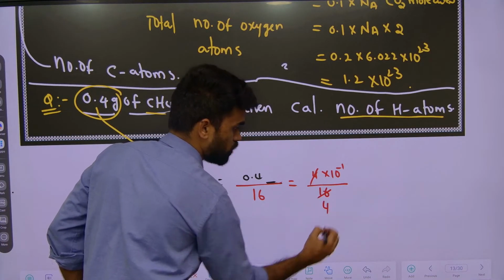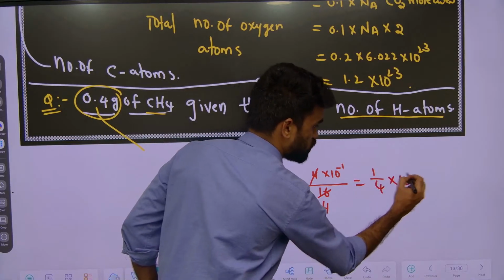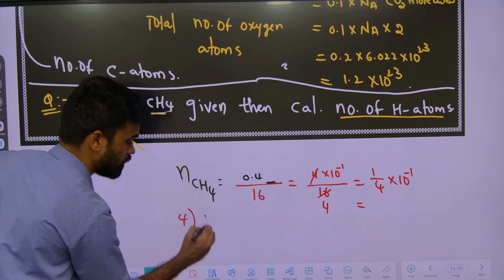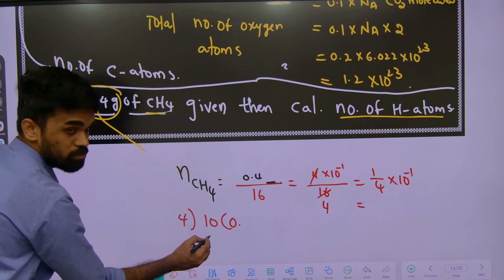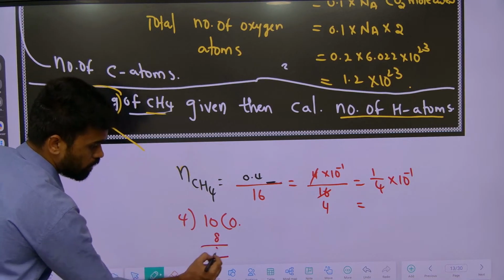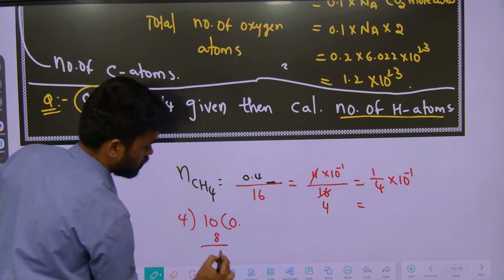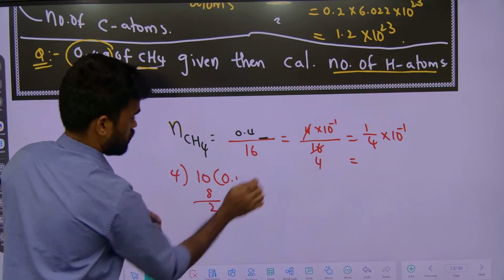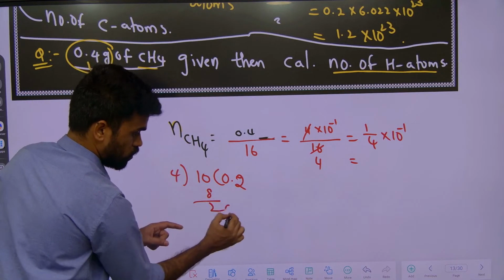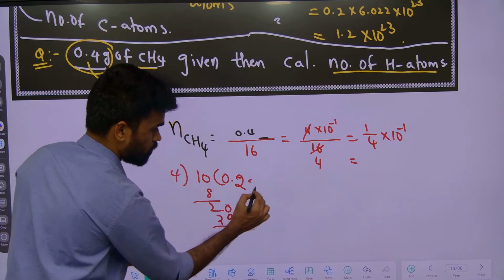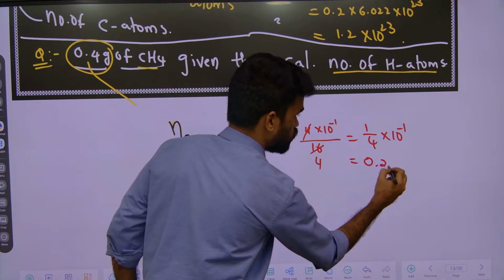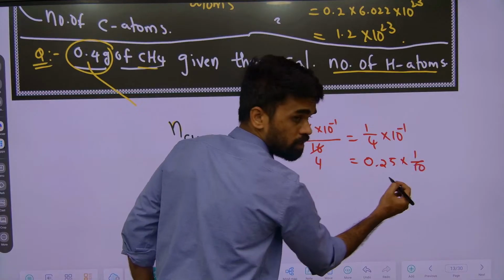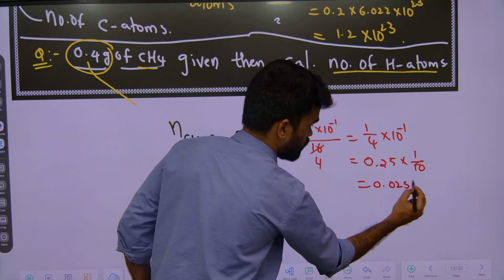So this will be 1 by 4 times 10 power minus 1. 1 by 4 means, as I told you, take 4 here, 1 here, put a decimal, 10 it becomes, 4 2s are 8, 2 we are having, then next 0, 5 4s are 20, so you can write 0.25 into 10 power minus 1. 10 power minus 1 is nothing but 1 by 10. So you can write this as 0.025.